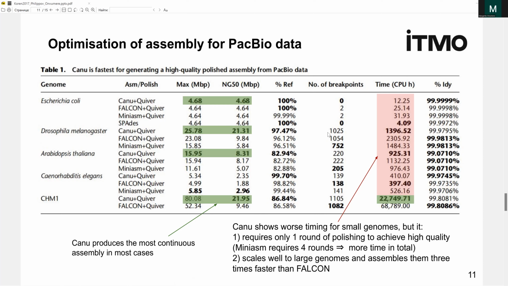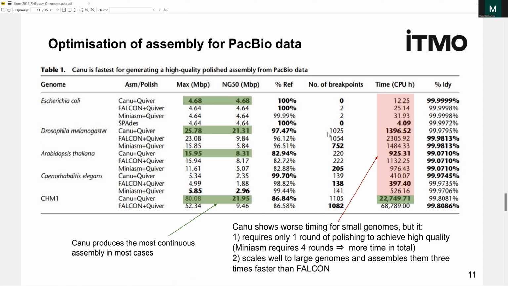First, Canu requires only one round of polishing, so it's like additional filtering of the data to achieve high quality. And other algorithms, for example, Miniasm, require up to 4 rounds for this high quality, which leads to more time in total.